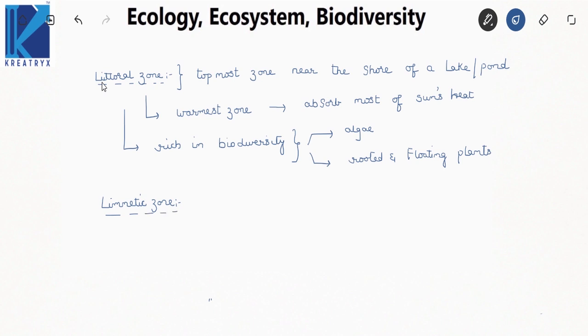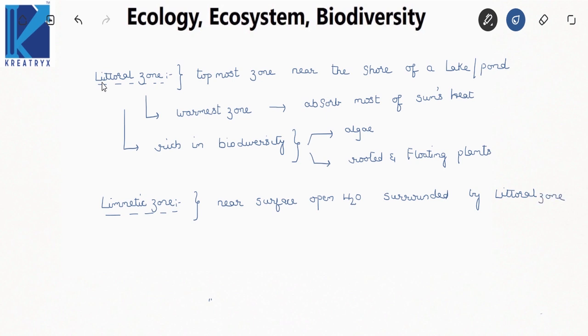The near surface open water surrounded by the littoral zone is called the limnetic zone.